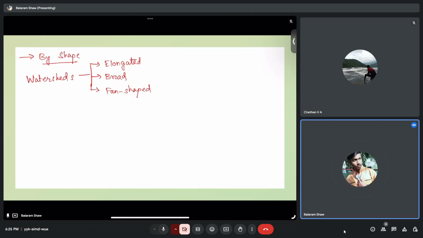So let's say if it is elongated, it will be like this, and all the streams will be something like this.